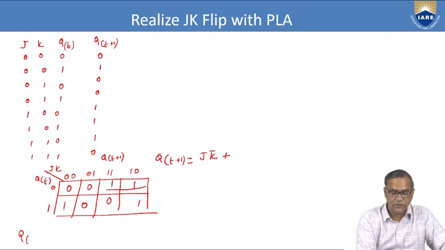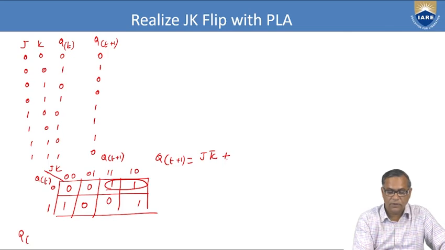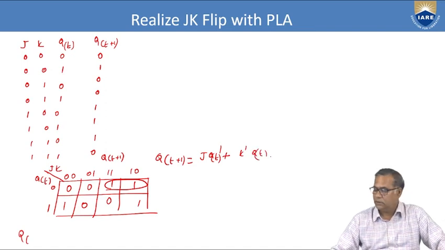So you combine these two, you get J QT bar plus K bar QT. So this is how you get the function.